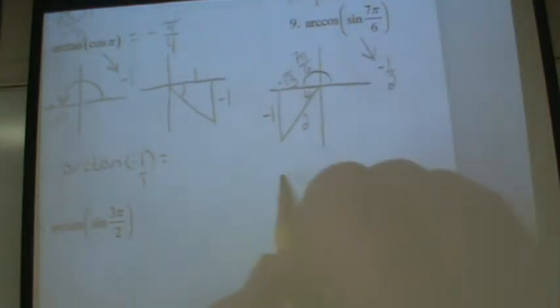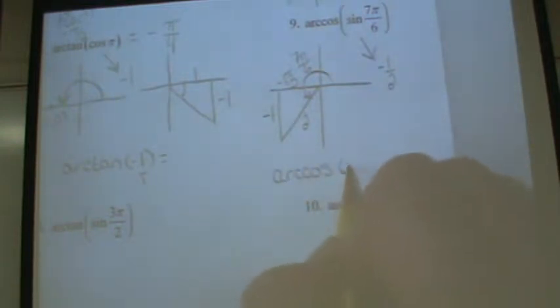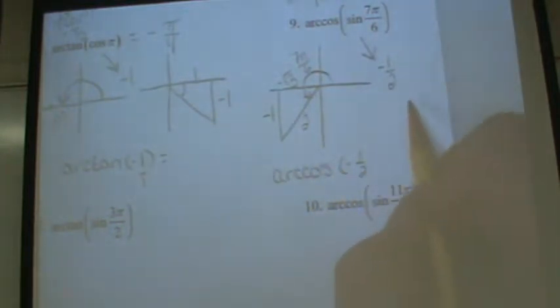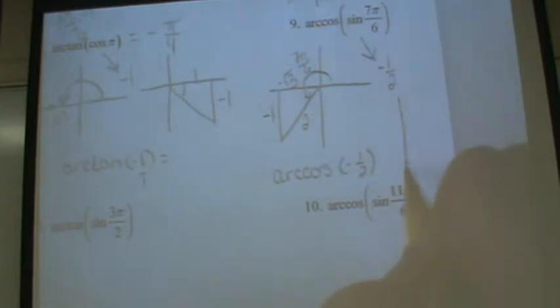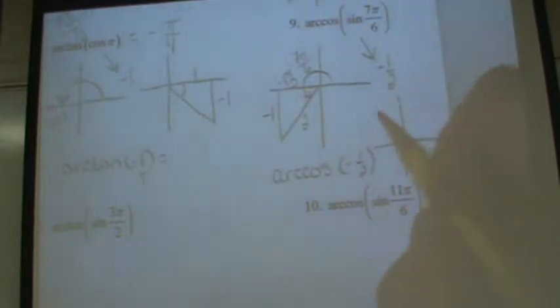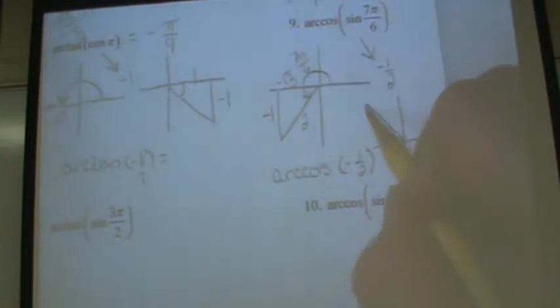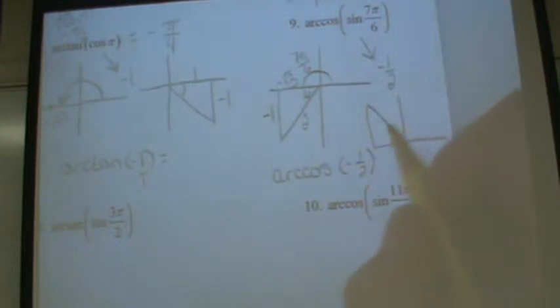So we want to find now the arccosine of -1/2. So we're going to draw another triangle. What quadrant are we in? 2. We're in 2. So this is again adjacent over hypotenuse. But remember again that we're looking for that larger angle.